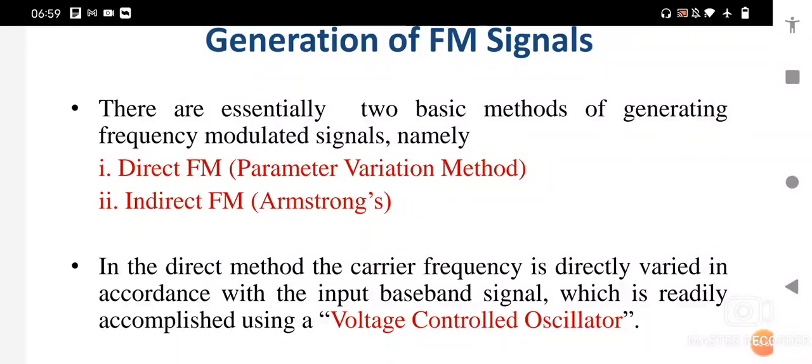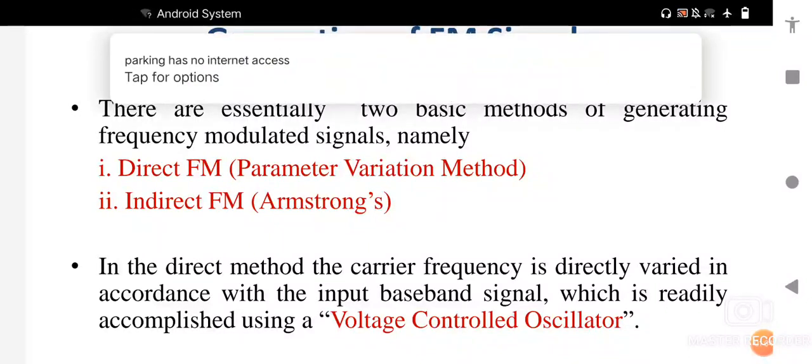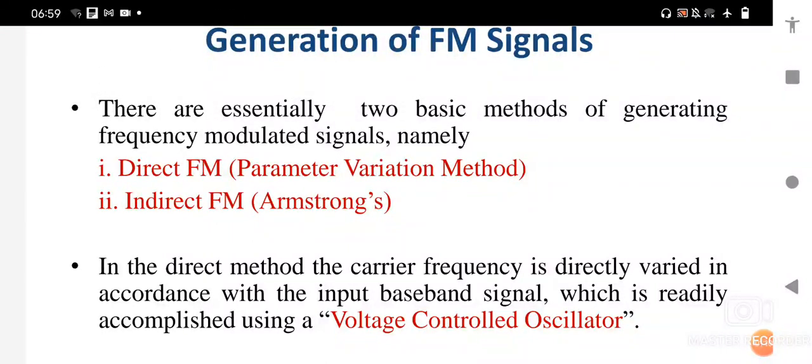The first method is direct FM. In the direct method, the carrier frequency is directly varied in accordance with the input baseband signal. The carrier signal has some frequency, that is called the carrier frequency.